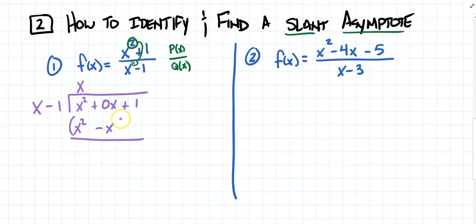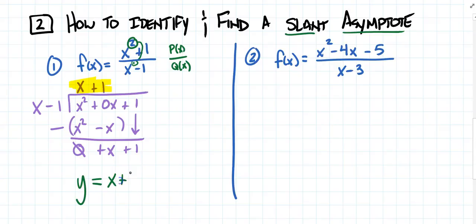We draw a line, and we subtract. x squared minus x squared is 0 by design. 0x minus a negative x is 0 plus x, so this is going to be plus x, and we're going to then bring down the 1, positive 1. And we keep going. How many times will x go into x? A positive 1 times. And you know what, ladies and gentlemen? We can stop right then and there because all we're looking for is the equation of a line. So the equation of this slant asymptote must be y equals x plus 1.